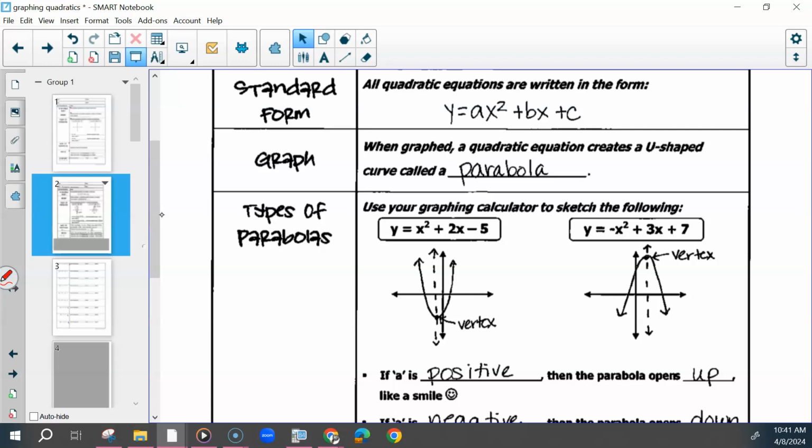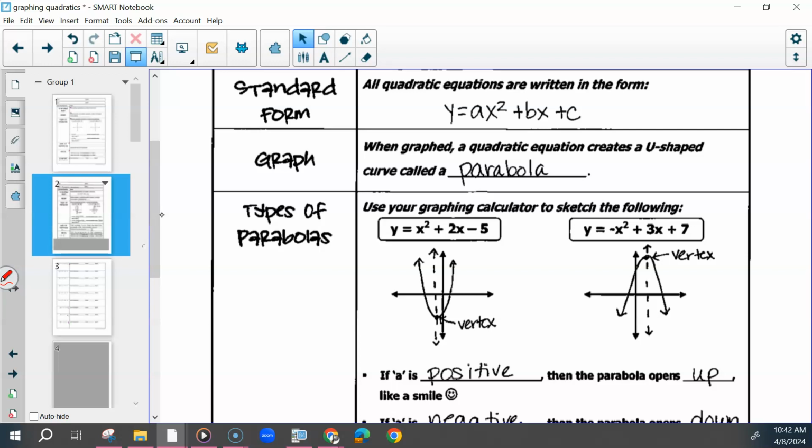We have seen these, but did not know what they were called. All quadratic equations are written in the form y equals ax squared plus bx plus c. That is our trinomial that we were just factoring in the last unit. The standard form is your ABC order, highest exponent to decreasing. Graphing a quadratic equation creates a U-shaped curve called a parabola. So every time we saw that U, that was a quadratic, a parabola.